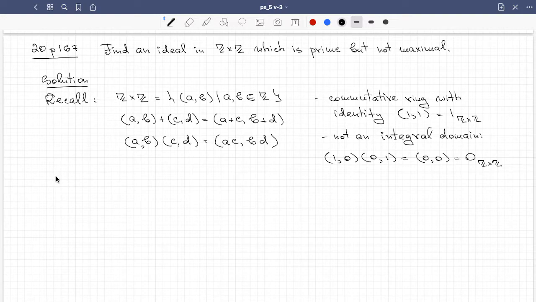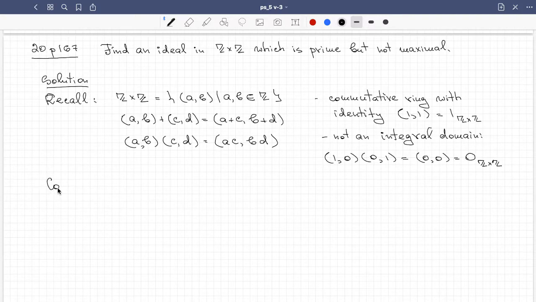And now back to the problem. So we want to find an ideal. I will find this ideal as the kernel of a homomorphism.